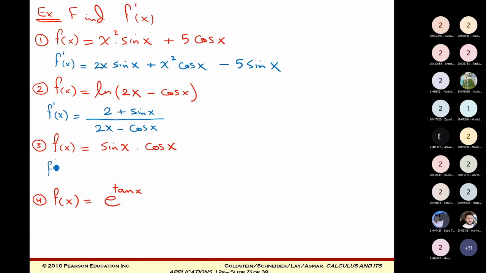Now, the third one, this is product also. So the first derivative cosine x multiply cosine x plus now the sine x multiplied by the derivative of cosine, this is minus sine x. So this is equal cosine square x minus sine square x.